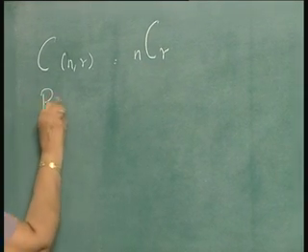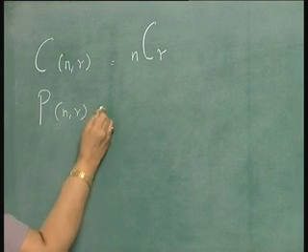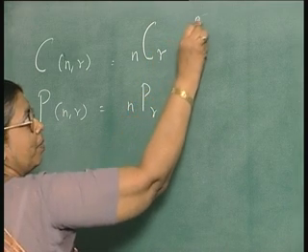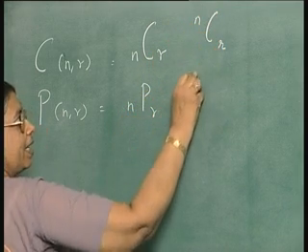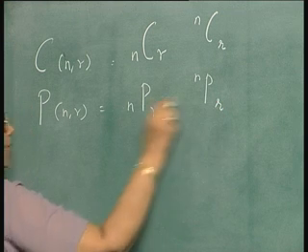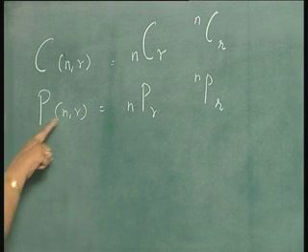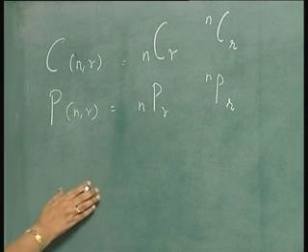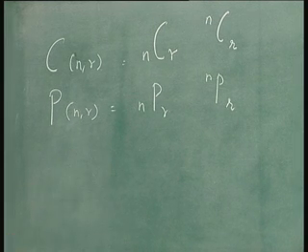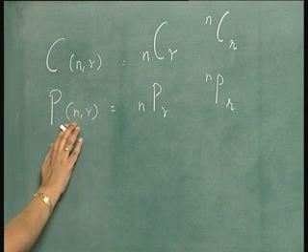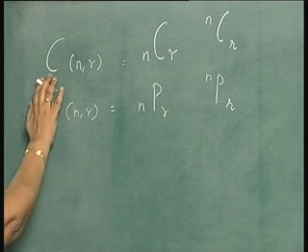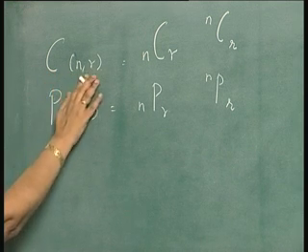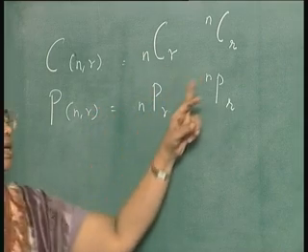Similarly, P(n, r) is also denoted as nPr sometimes, and some notations also represent it like this. These are other notations. Permutation is the number of permutations of r objects out of n objects. That is, you are having n objects and you are taking r of them and arranging them. Number of ways of selecting r objects out of n objects is known as the combination, and it is denoted by C(n, r). Other notations are given here.